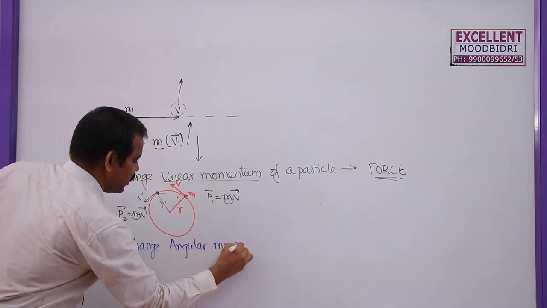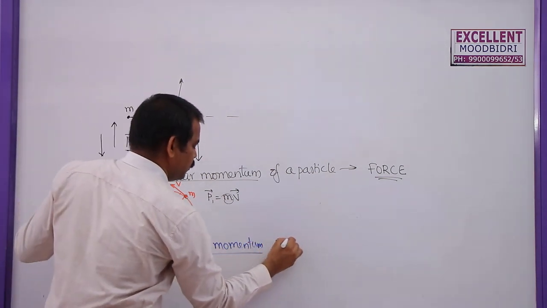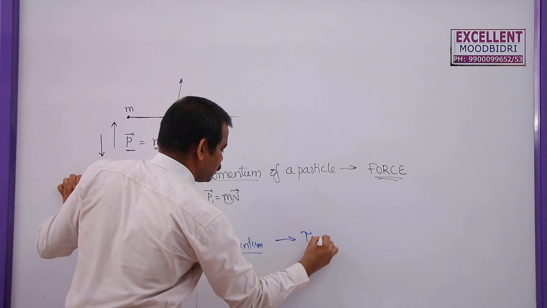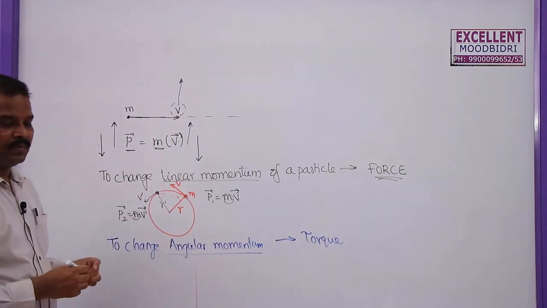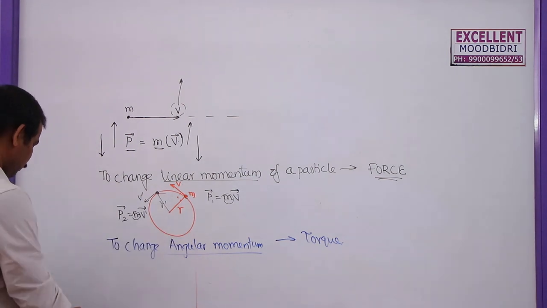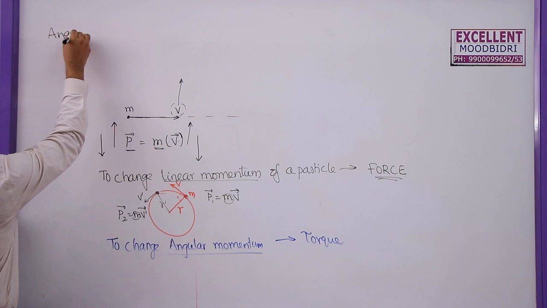To change the angular momentum of the particle, we need torque. So torque is required to change the angular momentum. So what is this angular momentum? Today's topic is about angular momentum.